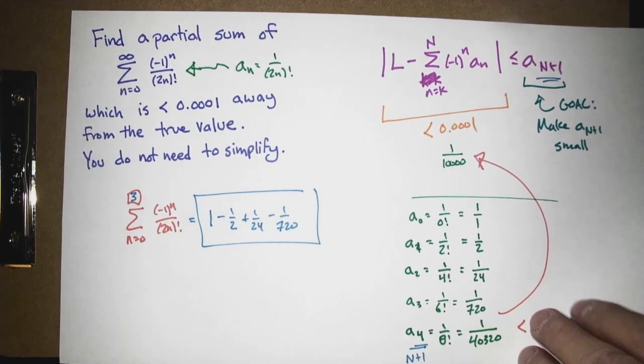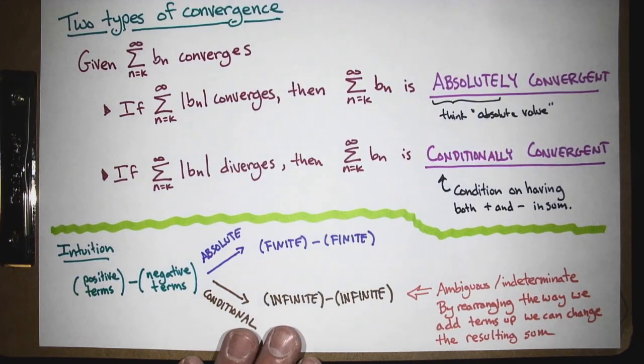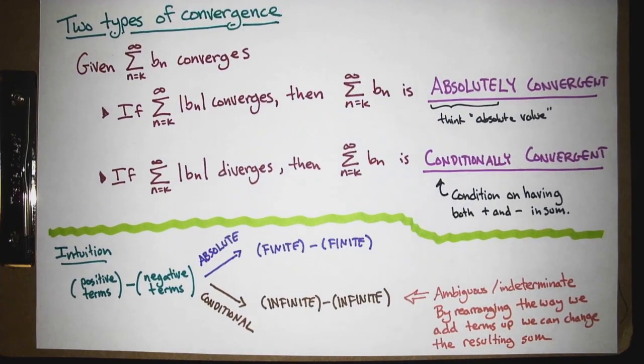Okay, last thing to talk about. There are 2 types of convergence. Suppose we have a sum which converges. We can ask the question, does it converge because you need the plus or minus, or does it not need the plus or minus?